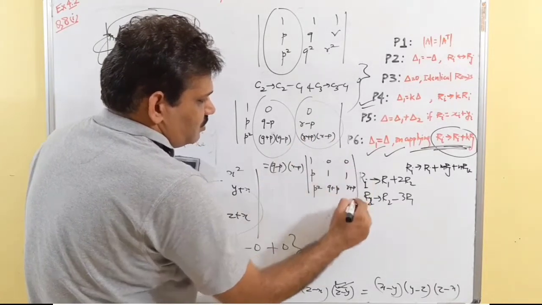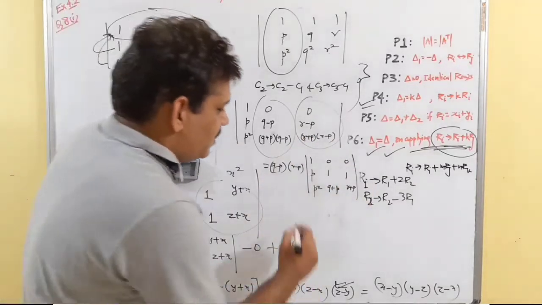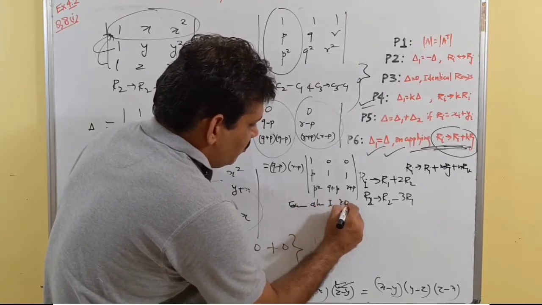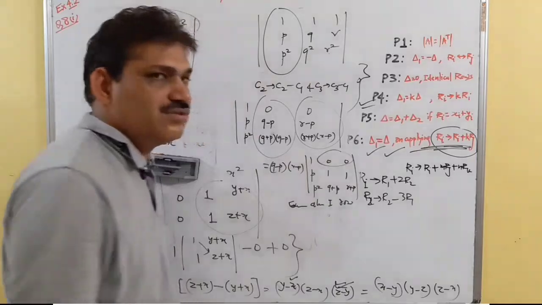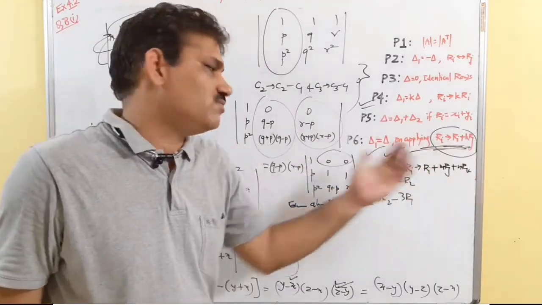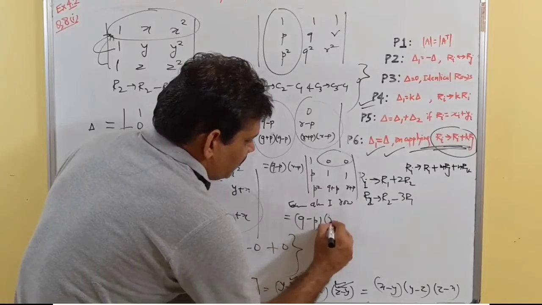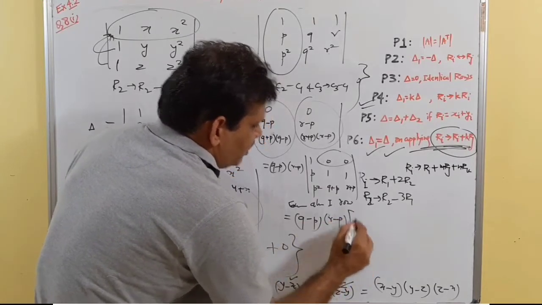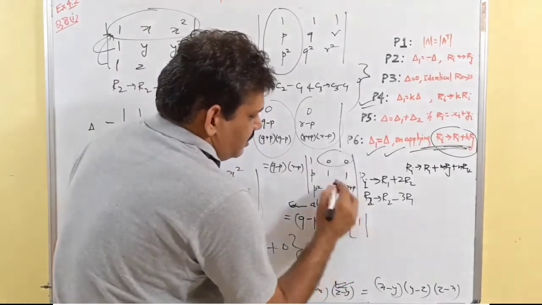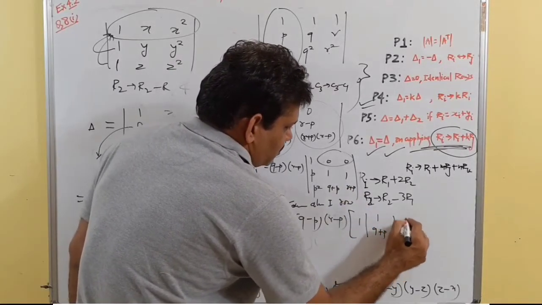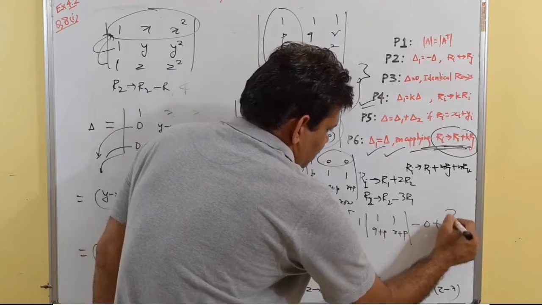So now expanding along first row, because we have 2 zeros in first row, so we expand along first row so that we can get the answer quickly. Q minus p, r minus p. On expanding, what we get is 1 into 1 1 q plus p, r plus p minus 0 plus 0.